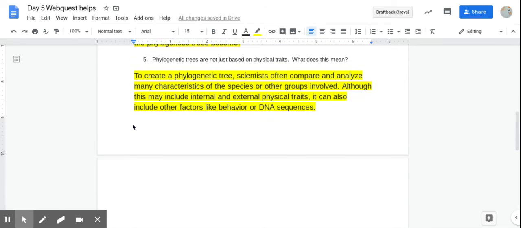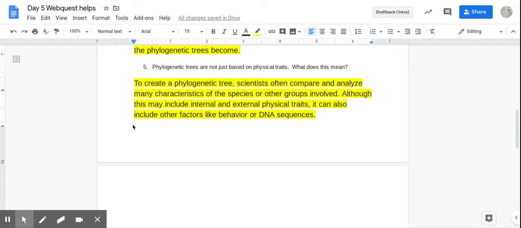Number five, phylogenetic trees are not just based on physical traits. What does that mean? If you remember from our previous work, Linnaeus and even Aristotle sometimes would group organisms based on how they looked, what they ate, their size, and phylogenetic trees go a little bit deeper. They want to compare and analyze many characteristics of the species or the groups involved.